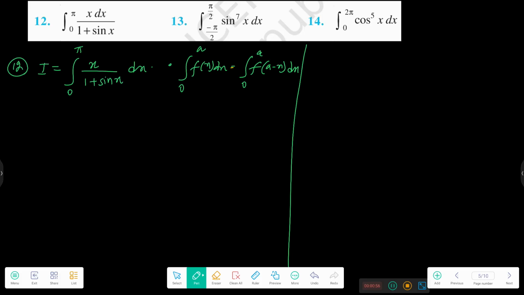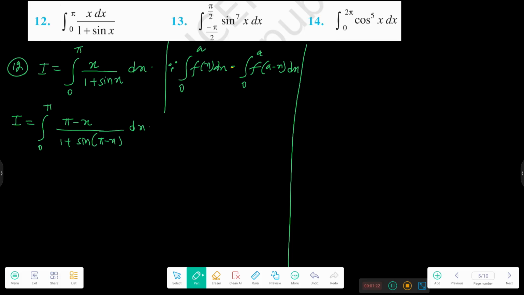So we can apply it, then I is equal to the integral from 0 to pi. Wherever you are seeing x, we have to apply pi minus x. So pi minus x divided by 1 plus sin of pi minus x into dx.